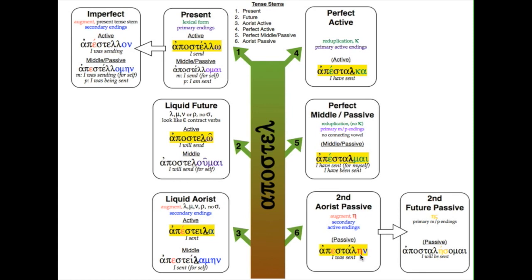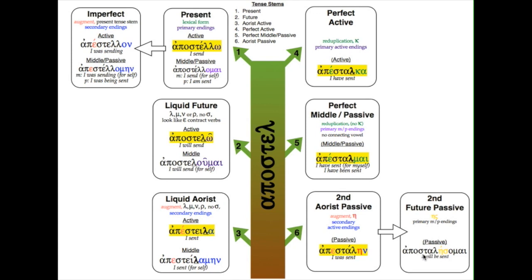In general, second forms on the right side of the tree here just involve dropping a letter. So, for example, a second perfect just doesn't use the kappa, and a second aorist passive here just doesn't use the theta. We'll see later that a second future passive, well, let's just see it right now. It doesn't use the theta either.